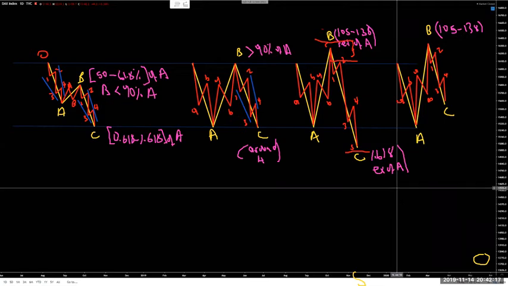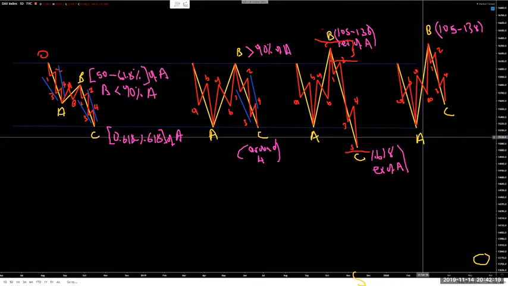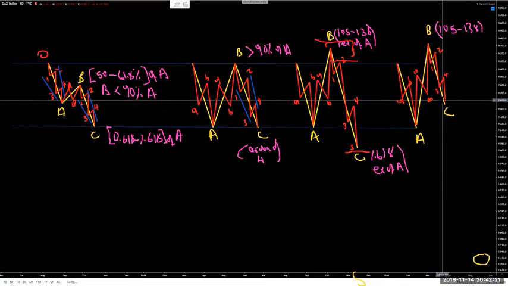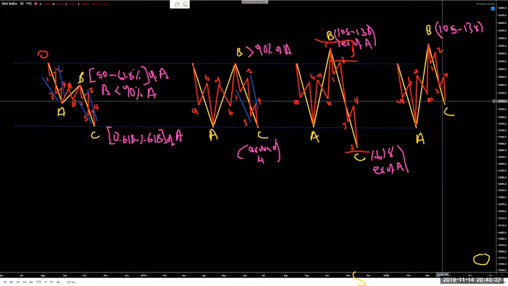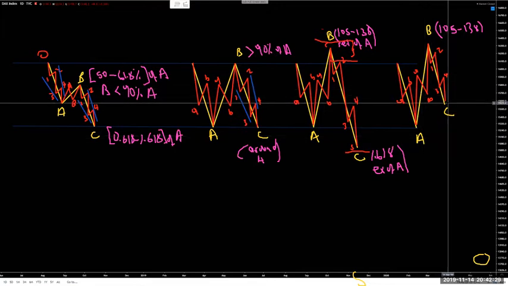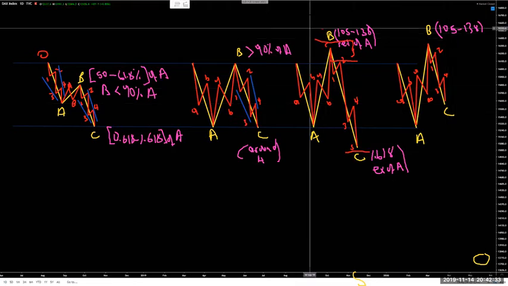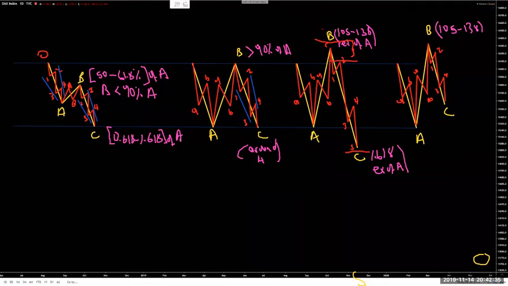There's no way of telling whether it's going to be a running flat, unfortunately. But there are a number of other things that we look at to forecast reversal of a pattern.